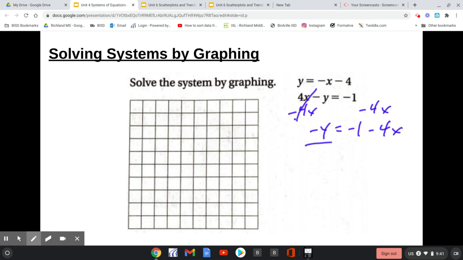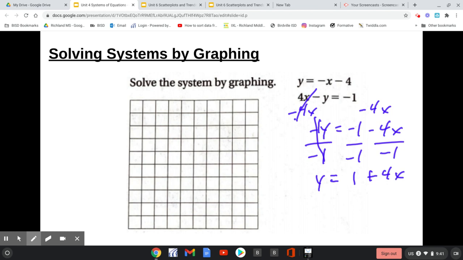I'm going to divide everything by negative 1 because there's a negative 1 right there. Imagine, well, invisible, negative 1 here and negative 1 here. So that goes away. We have y equals, a negative divided by negative is a positive, and the same over here, negative divided by negative is a positive 4x.